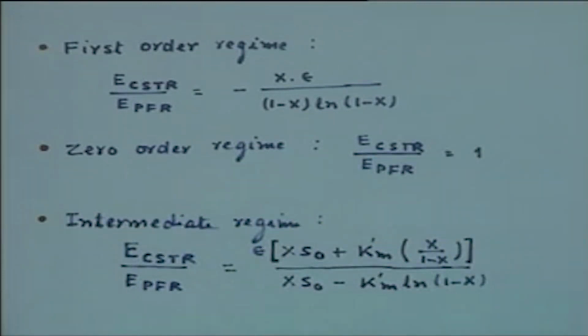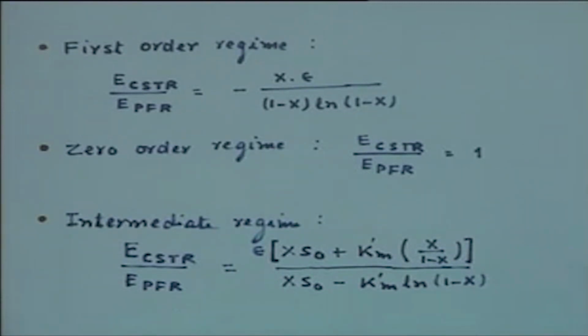So, therefore, when we shift from 0 order to first order regime, the efficiency of plug flow reactor improves in terms of its enzyme requirement, or of course even in terms of your space time.